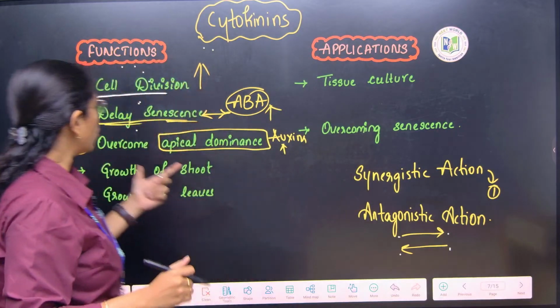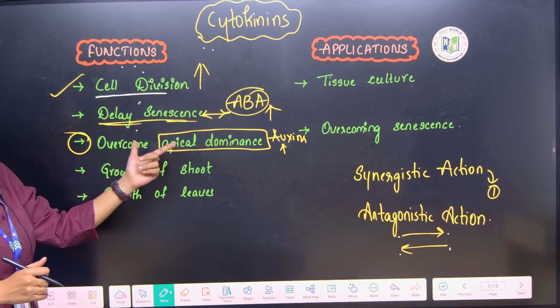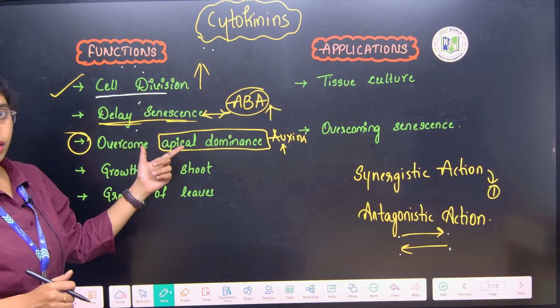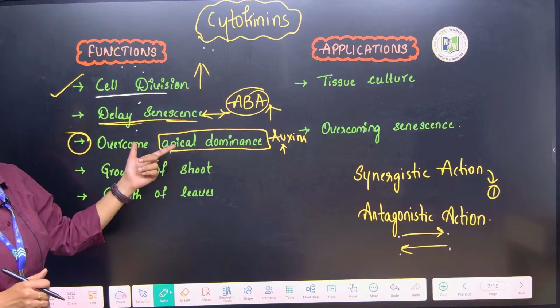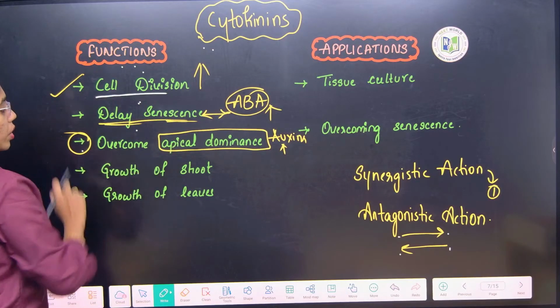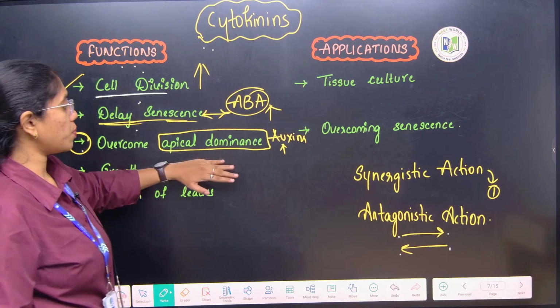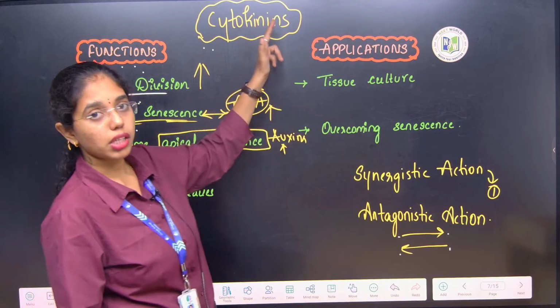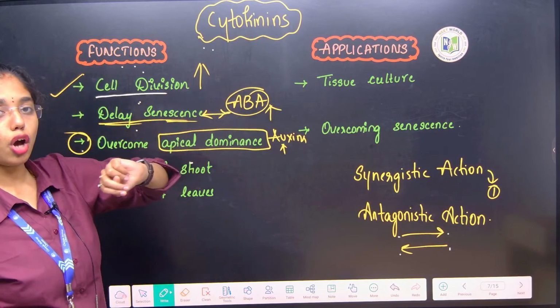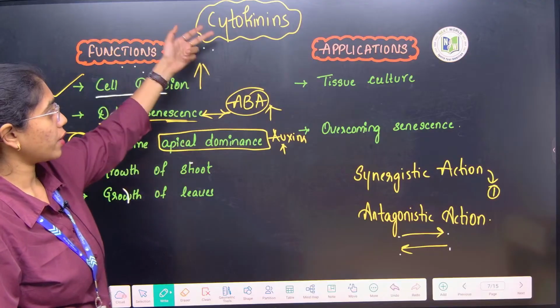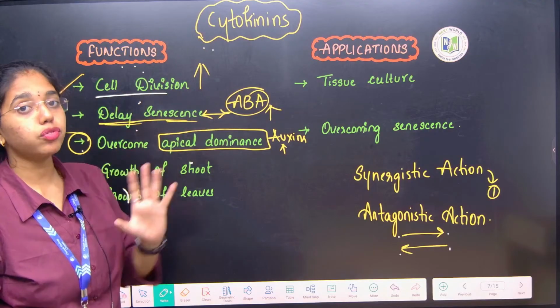Okay? So, cytokinins will counteract the activity of what? Auxins with respect to apical dominance. Fine, right? So, 2 antagonistic hormones with respect to apical dominance is auxins and cytokinins. 2 antagonistic hormones with respect to senescence is cytokinin and ABA. You have to remember this.